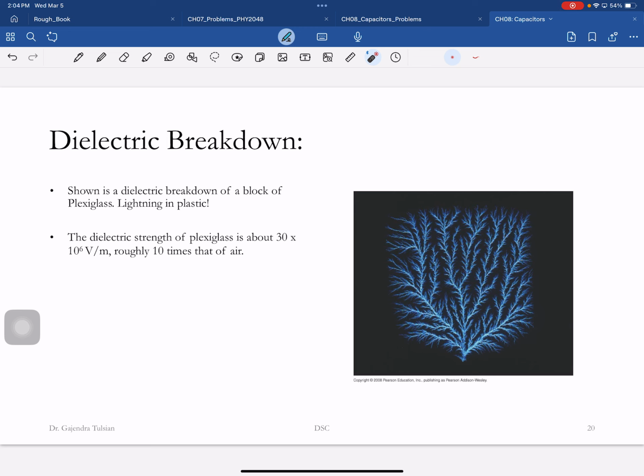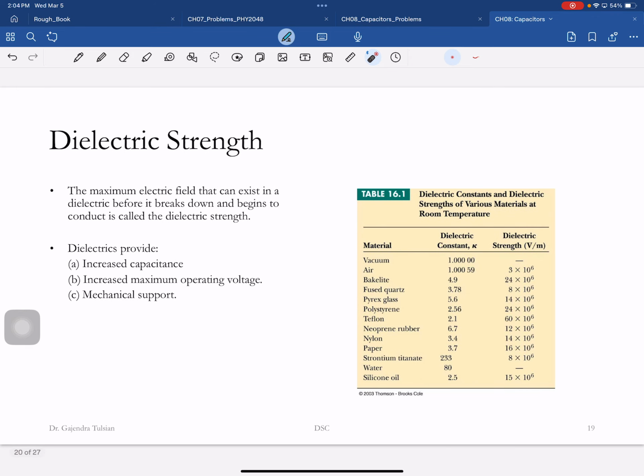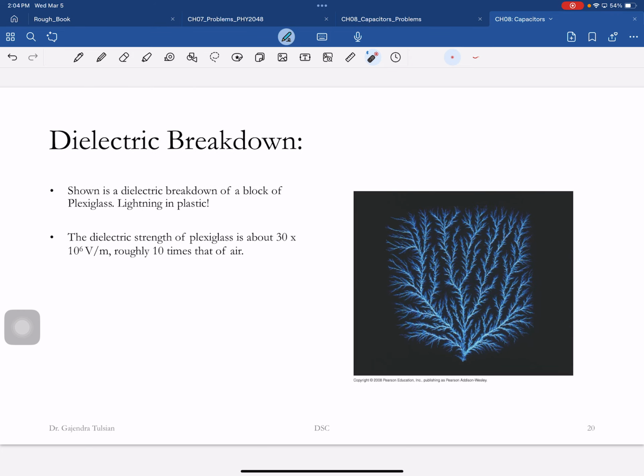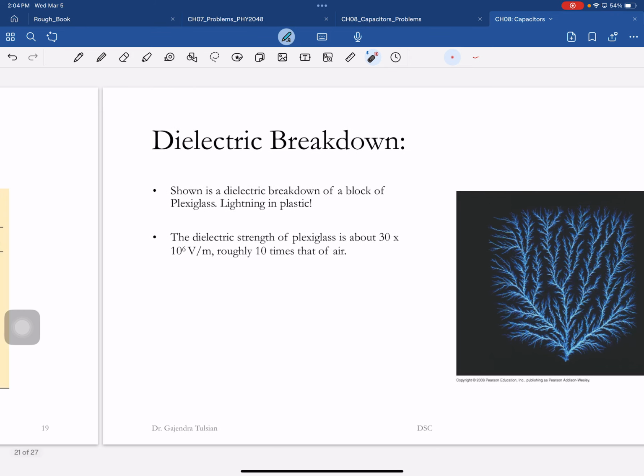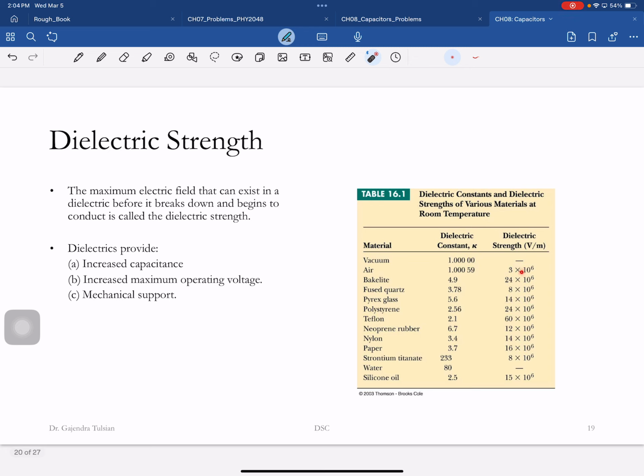All right, so you guys understand? That's called the dielectric strength of a material. There is the dielectric strength of air. These are various materials. Polystyrene, 8 times greater.